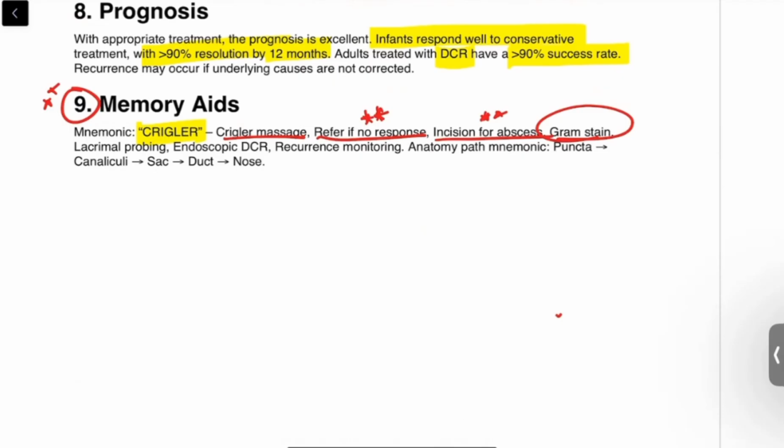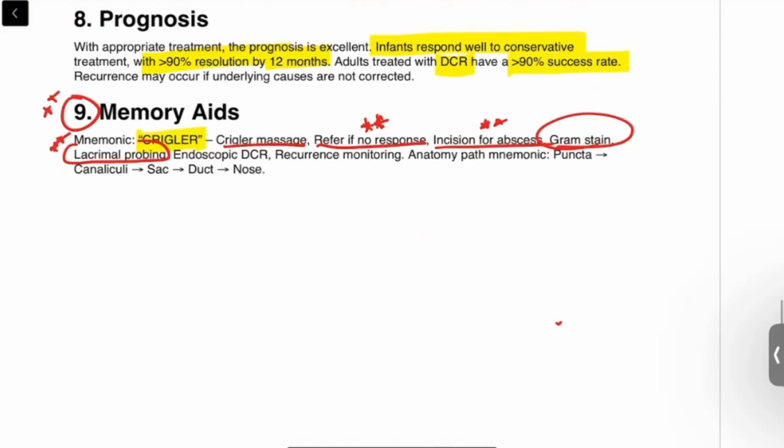G for Gram stain, that is whenever we send a pus culture, we will do Gram stain to identify the appropriate bacteria and then treat with appropriate antibiotics. L, lacrimal probing under anesthesia, is done for congenital dacryocystitis if it has not resolved even after 12 months. E, endoscopic DCR, is done for chronic dacryocystitis. R, recurrence: if there is continuous recurrence, those patients need monitoring because the proper cause is not treated yet.